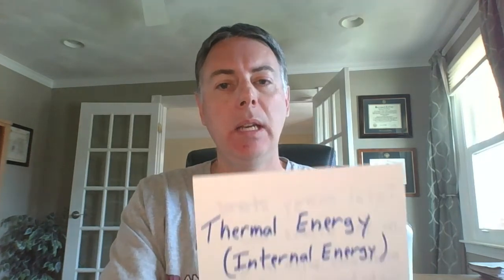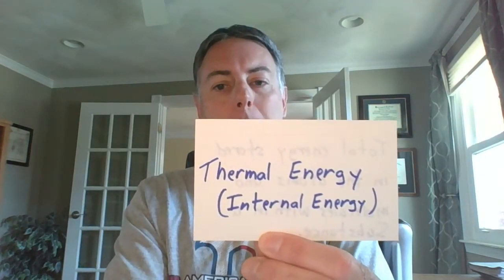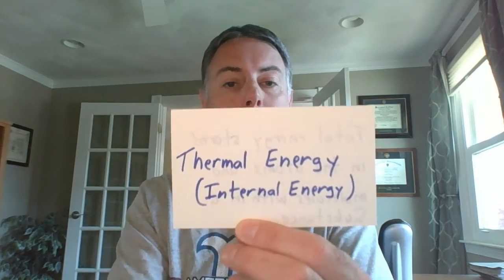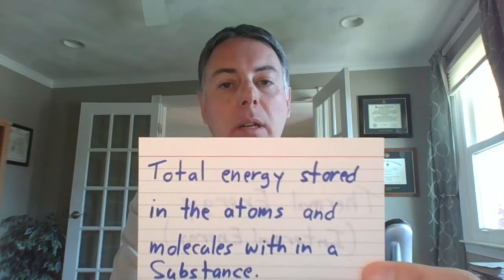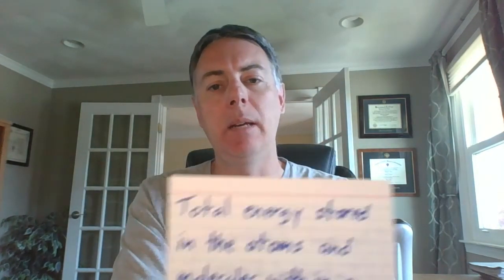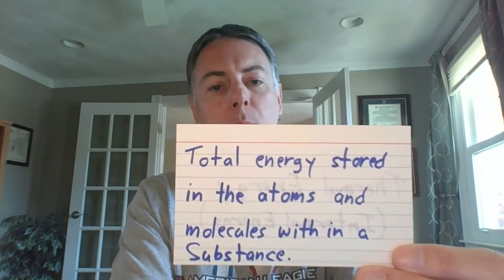The other term that sometimes is confused is thermal energy. Thermal energy, which is also the internal energy of a substance, is the total energy of all the particles, atoms or molecules or whatever it is that's making it up. That's what thermal energy or internal energy is equal to.